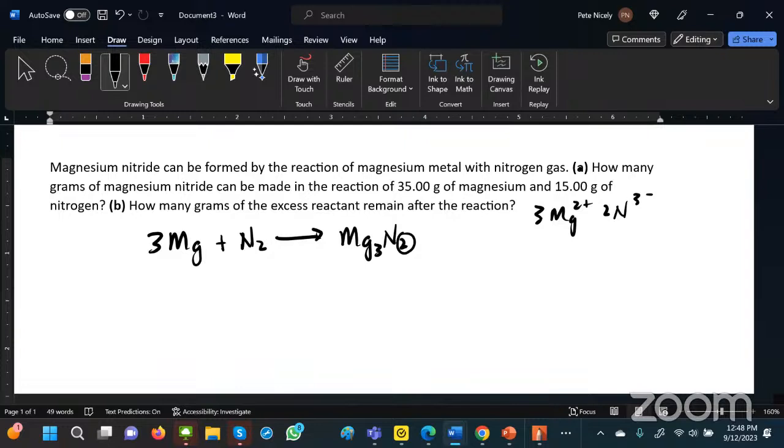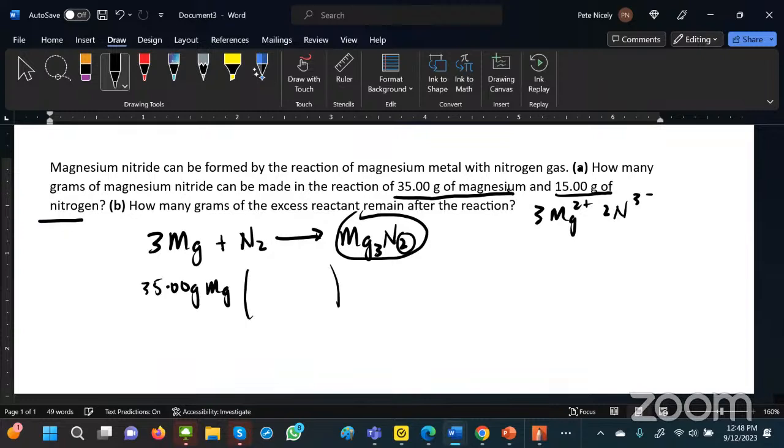Okay, so now we're going to move on to the math part. So in the A part, it says how many grams of magnesium nitride, which is a product right here, can be made in a reaction of 35.00 grams of magnesium and 15.00 grams of nitrogen. So what we're going to do is, as we just said in the PowerPoint, we're going to start off with 35.00 grams of magnesium, and we're going to determine how much product you can get from that mass, right?